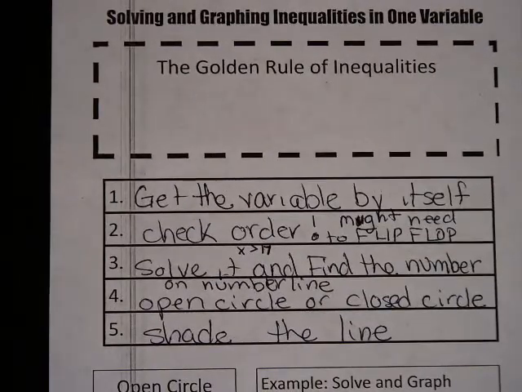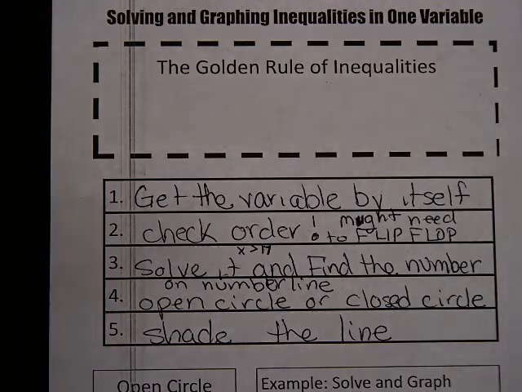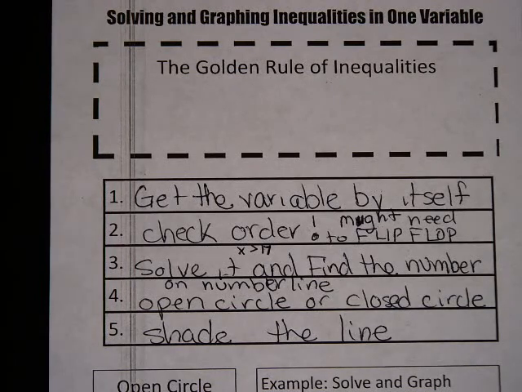Okay? Now, one last thing. We have to talk about the golden rule of inequalities. Okay? And this is going to be a little technical, and you're not going to have to worry about it too many times. And when I come back, we'll talk about it a whole lot more, because this is where people forget.